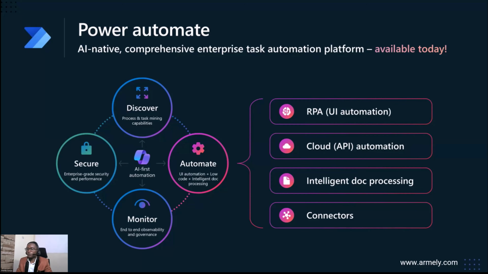Power Automate also has AI as part of it in intelligent document processing, and it is able to use connectors to connect to external data sources and to Power Platform itself. So there's all this, and we're going to have a look at some of them.